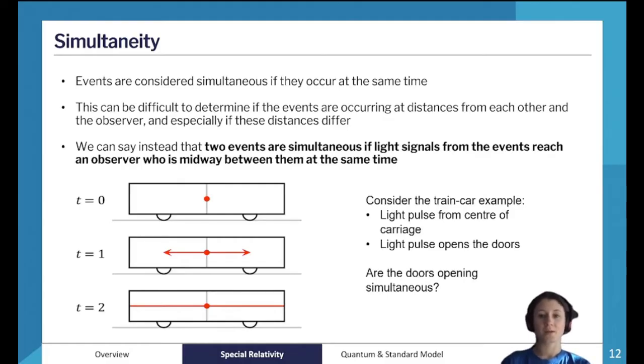Alright. Now let's get on to, I guess, an application of this. So this is the train car example. And this actually touches on one of the, oh, sorry, I just forgot the word. One of the paradoxes. Sorry about that. One of Einstein's paradoxes, which we look at a little bit later on.